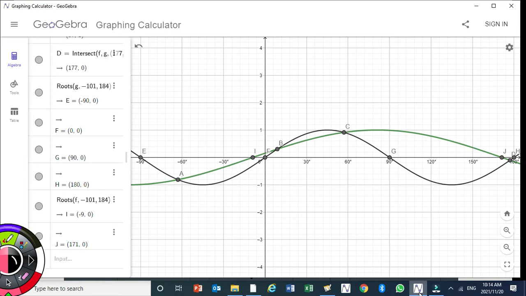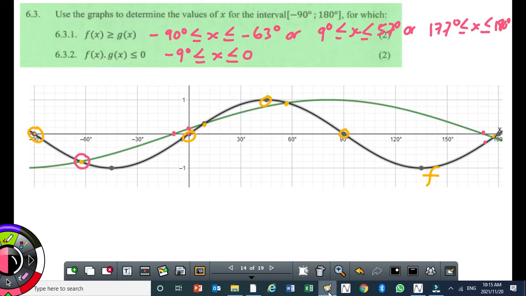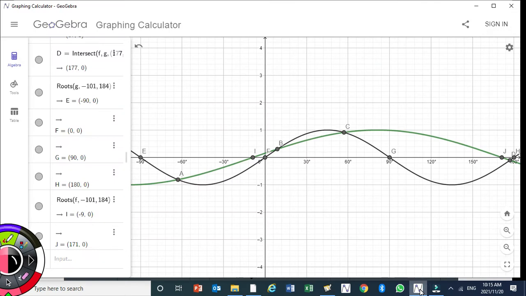So from 90 degrees to j, which is 171. So the answer is from 90 degrees all the way up to 171. Are you following?